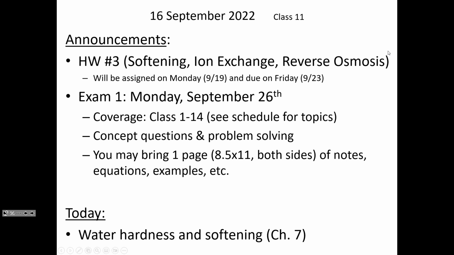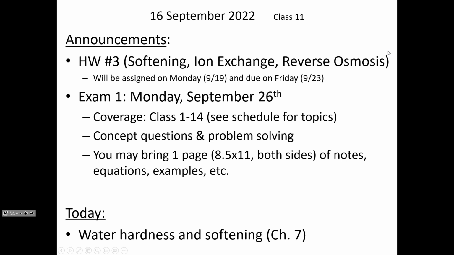It will include some problem solving and concept questions. I haven't yet written the exam, so I'm not sure precisely what fraction of your grade will come from concept questions versus problem solving, but you'll need to be able to do both.